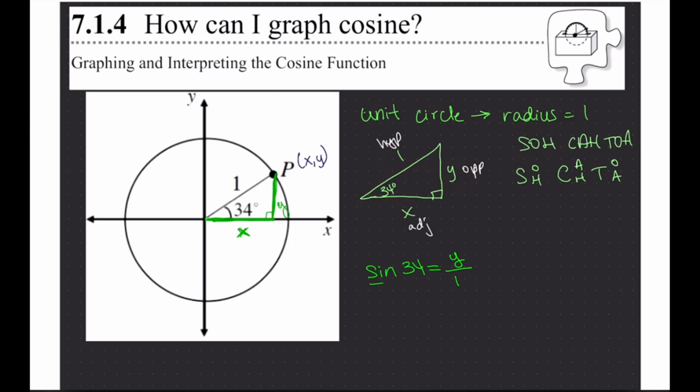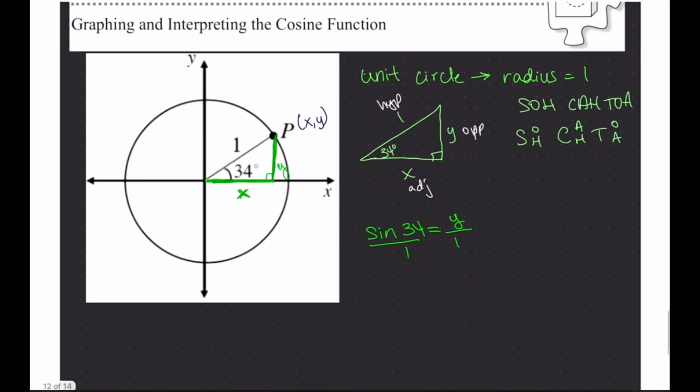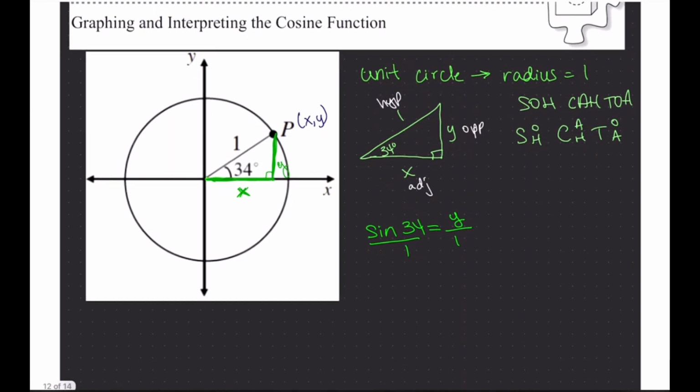If it makes you warm and fuzzy, you can make them both into fractions, so that way we can cross multiply. These are equal, so numerator times denominator equals numerator times denominator. When I cross multiply, I'm going to get y equals, and I'm just going to write the 1, 1 times the sine of 34.